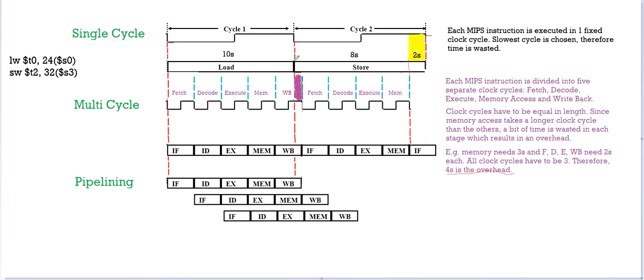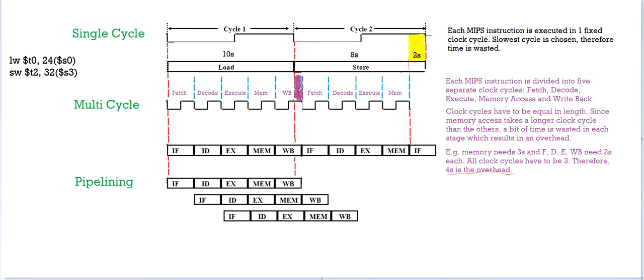So the load instruction was supposed to be up till here, but in the multi-cycle execution, you'll see that the write back finishes at this point, which is here. This purple part is our overhead. We have this purple part because the memory clock cycle takes longer than the other stages, and that's why for each stage there is a small amount of overhead and so there's this small wastage here.